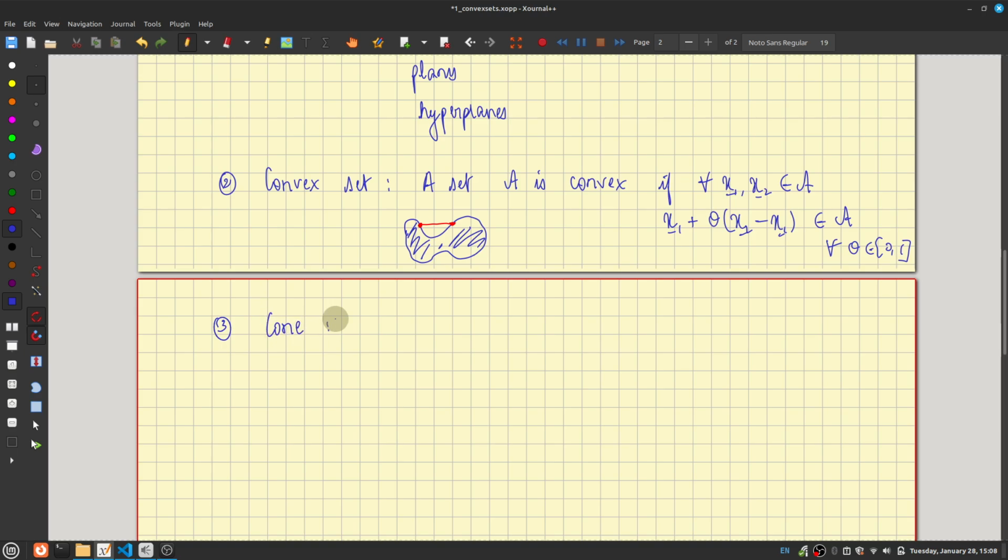There's a third special class of sets which is called a cone. Now this is something that I'll define a little differently.